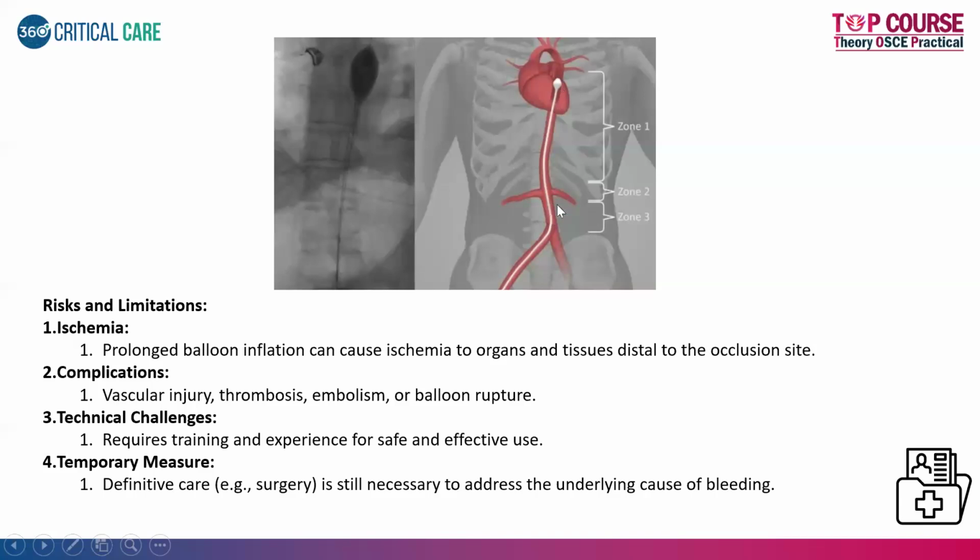Here most of the abdominal viscera would be left without any issues, and even renal perfusion would not have a problem. This is usually done to buy time for definitive treatment. Most of the time, or always, the approach is femoral. It is inserted in the femoral artery and advanced upwards.